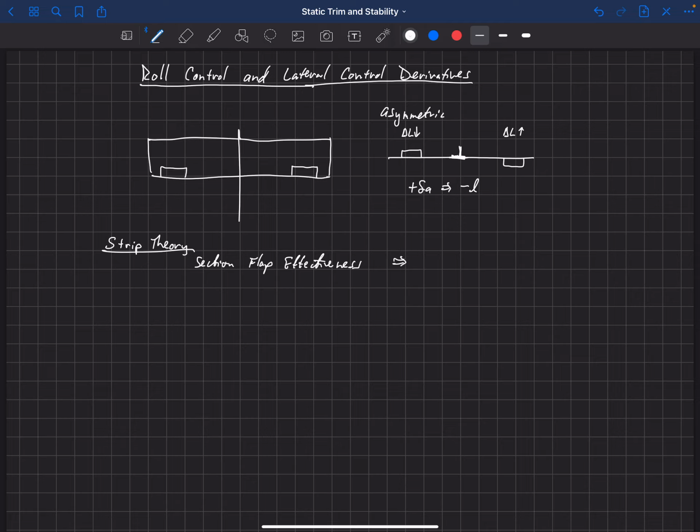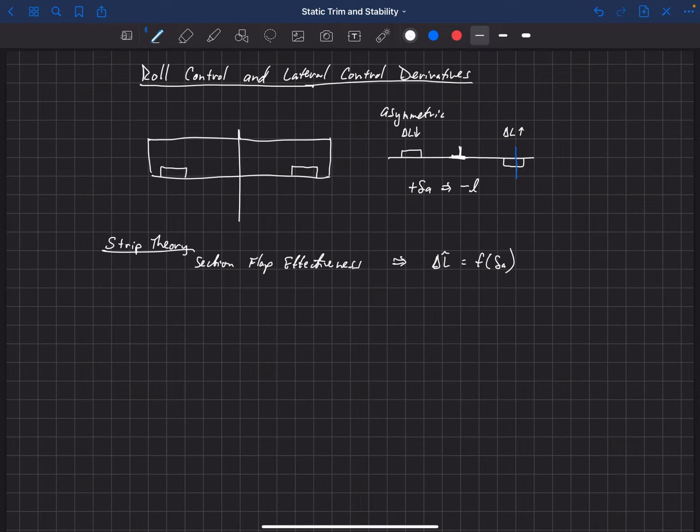Basically, what that gives you is, if you look at just the two-dimensional airfoil section, right? So if we just sliced this wing here and looked at the 2D airfoil section, then what we get from the section flap effectiveness is basically a change in section lift as a function of aileron deflection.